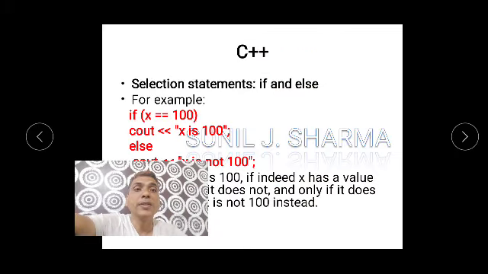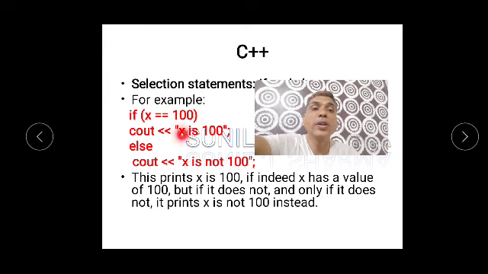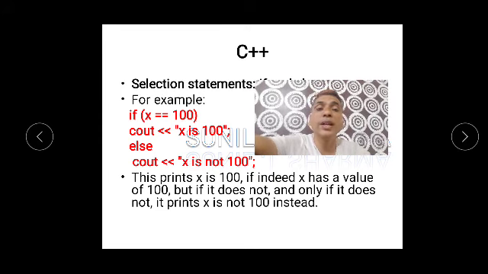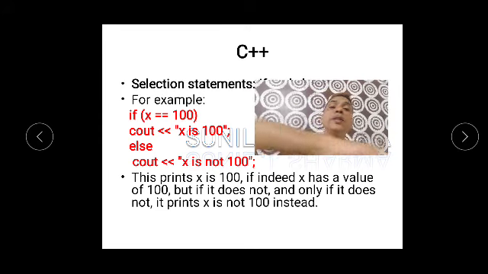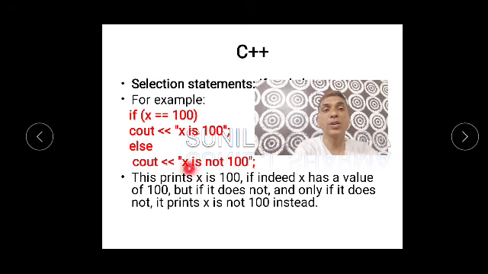Now let's take an example. For example, if x equal to 100, x is 100. But suppose x is not 100; like in the previous case it doesn't print anything, but here it will also print x is not 100. So this is the true part, this is the false part.